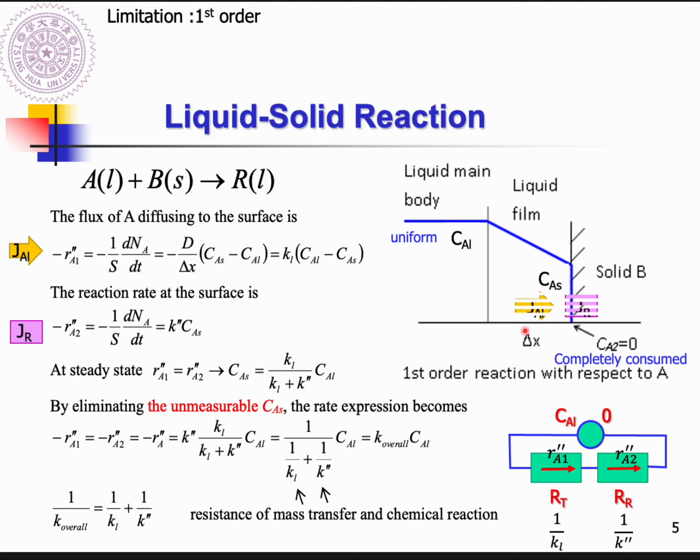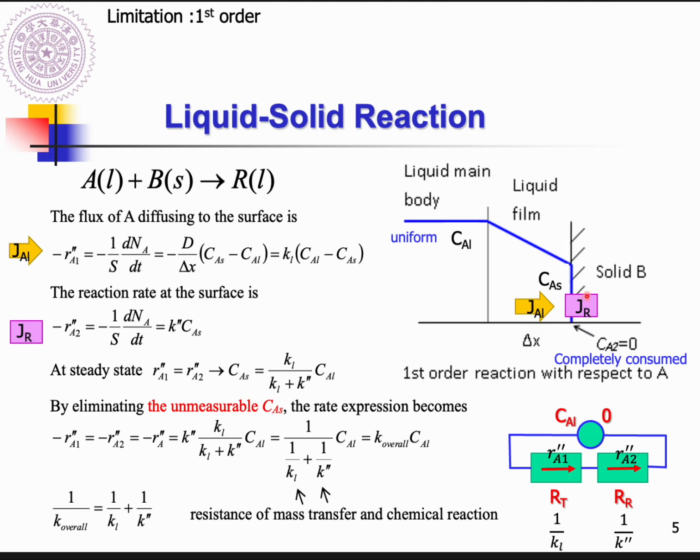Oh, I forgot to mention one thing: the flux should be equal, right? The flux of reactant A passing through the liquid film will be equal to the flux of reactant A reacting with solid B.